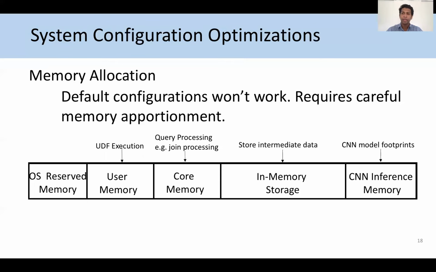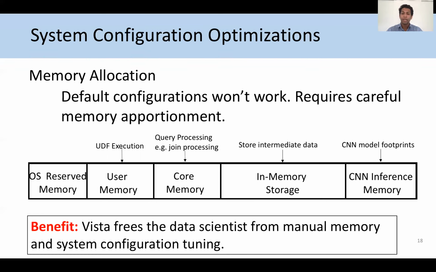On the other hand, deep learning systems also have memory requirements for loading, storing, and performing inference on the CNN models. The default configurations that come with these systems often don't work, and as a result, they can cause disk spills and even sometimes workload crashes.